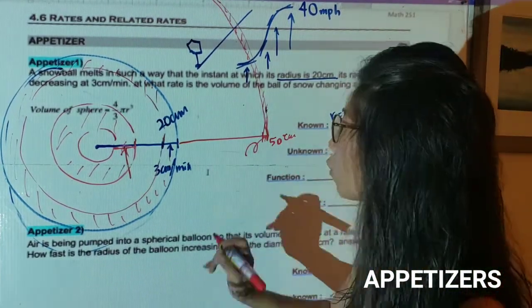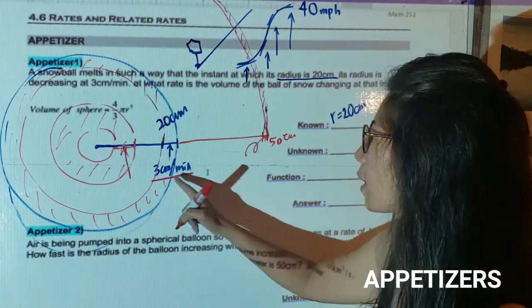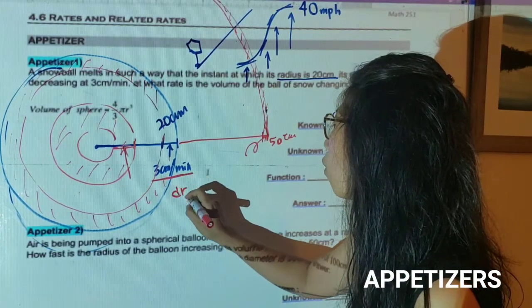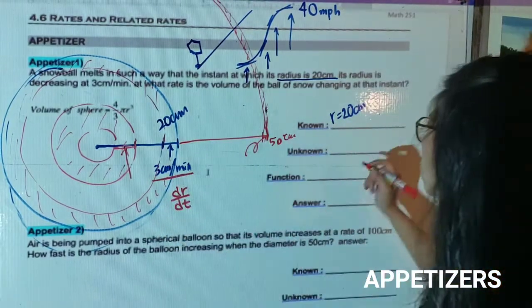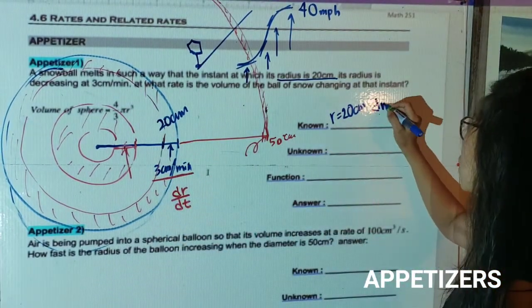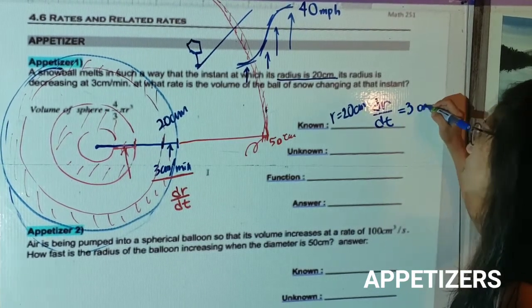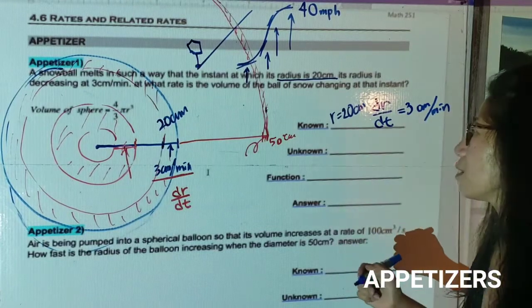If you get confused, look at the unit. The unit tells you how to write it. This is going to be dr over dt, because that's radius over time. So I know dr/dt is 3 centimeters per minute. Write down all the units. Units will be the biggest hint in this part.